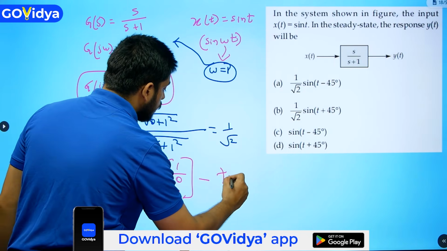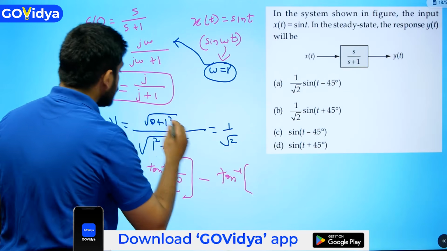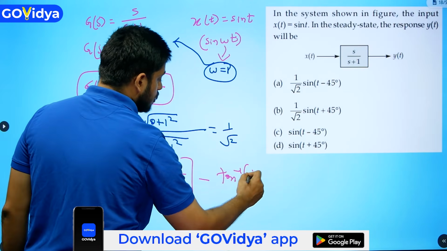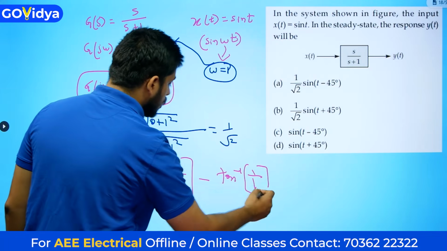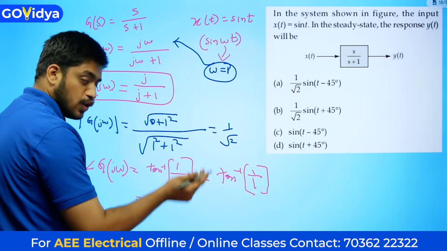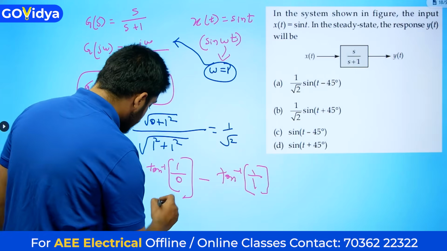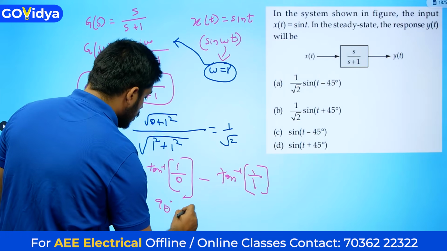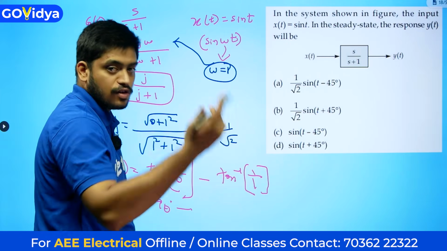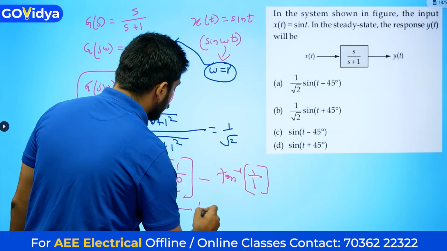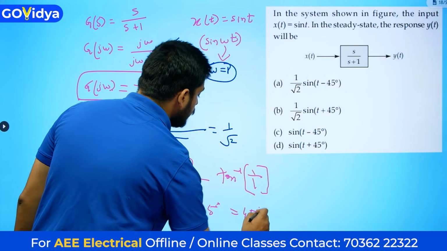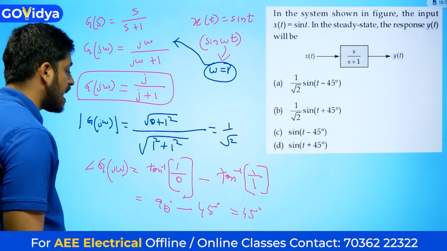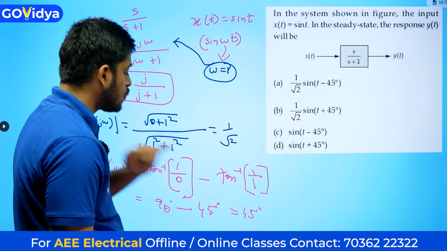Again, tan inverse of, for j, the imaginary part coefficient is 1 and the real part coefficient is also 1. 1 by 0 is tan inverse of infinity, which is 90 degrees. Minus tan inverse of 1 by 1, which is tan inverse of 1. What is tan inverse of 1? 45 degrees. So the phase is 45 degrees, and the amplitude is 1 by root 2.